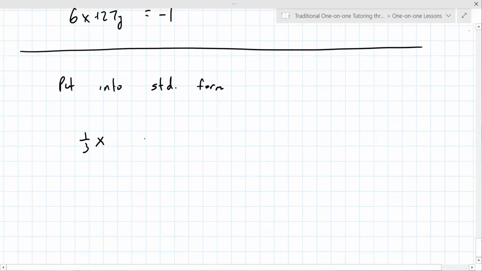1/3 x plus y equals 7. Okay. All right. This is not in standard form. Yep. So the 7, we just multiply it.